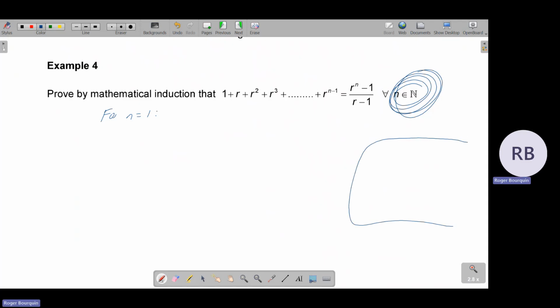Sometimes you guys do this stuff and you don't know what you're actually doing. If we can prove this, what could we say? If n was equal to 15, instead of working out, whatever r is going to be, a number which you can sub in, then 1 plus r plus r squared plus dot dot dot plus r to the 14. The last term would be r to the n minus 1, right?